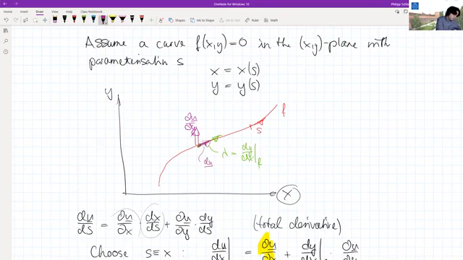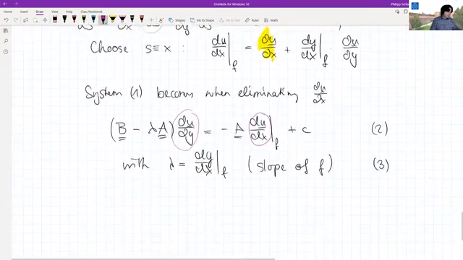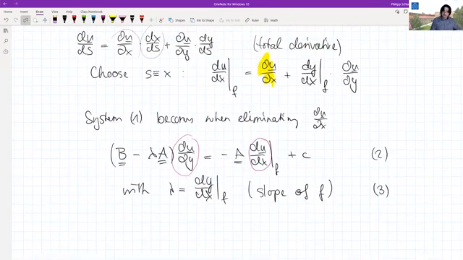This is du dx along the curve. So I have two different derivatives, one along the curve and the other a partial derivative in the y direction. And I have a relation between them, as indicated by equation number 2.